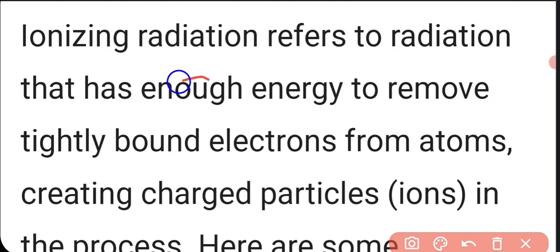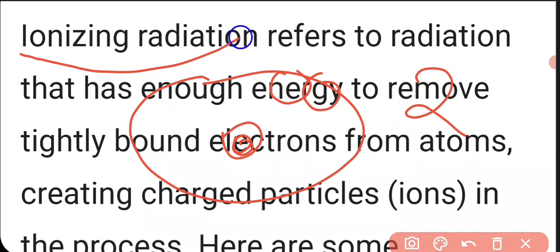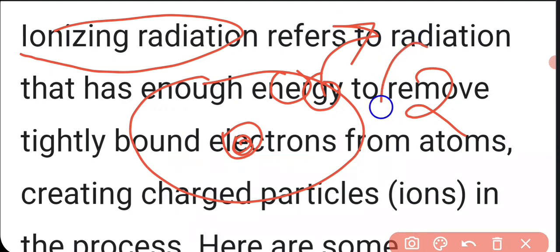Suppose this is an atom and this is the nucleus, and it is having two protons and two electrons. If ionizing radiations remove one electron, then it will become two protons and one electron.